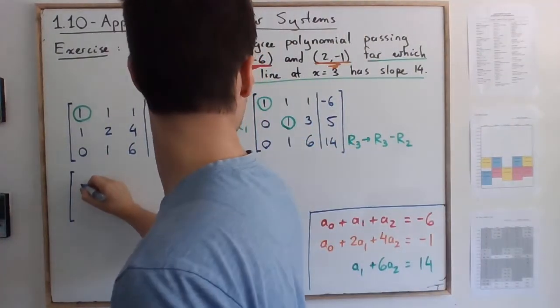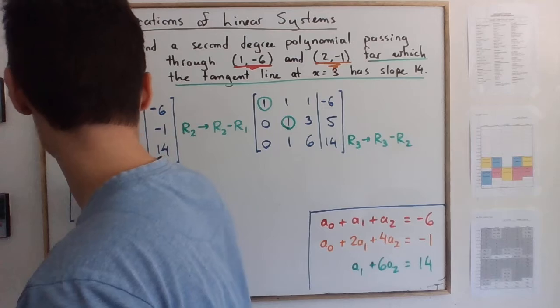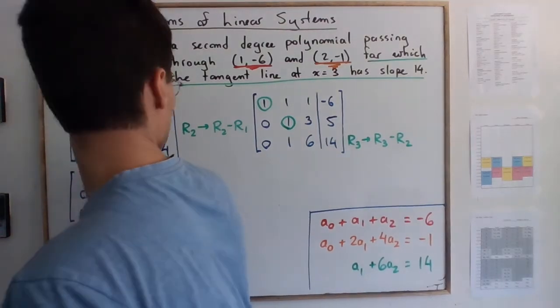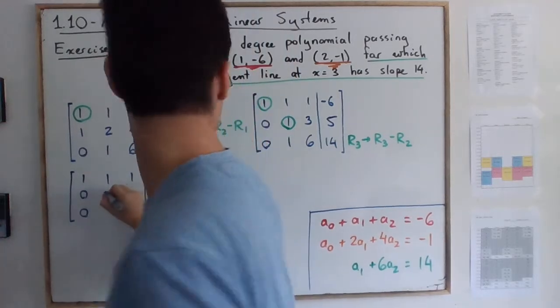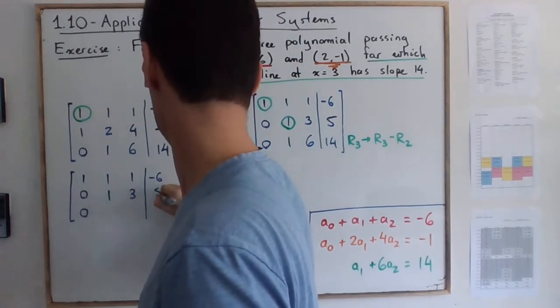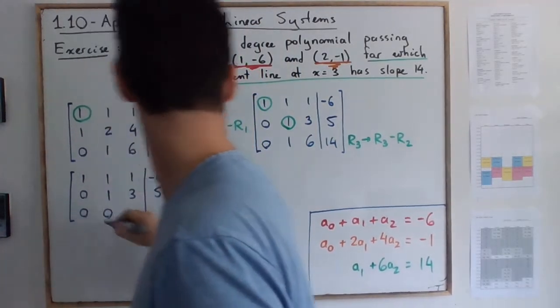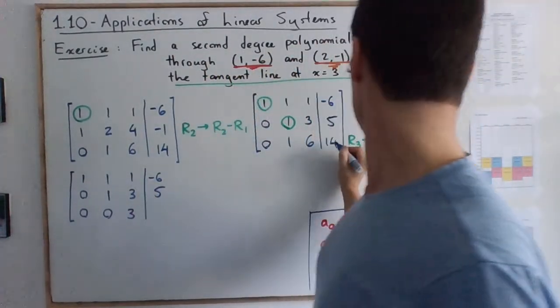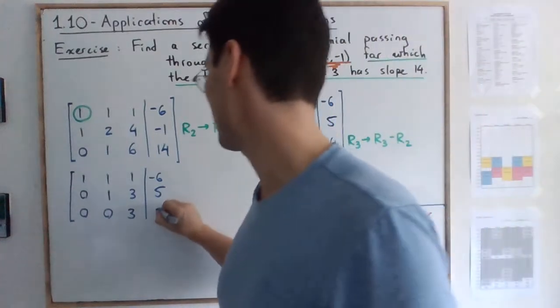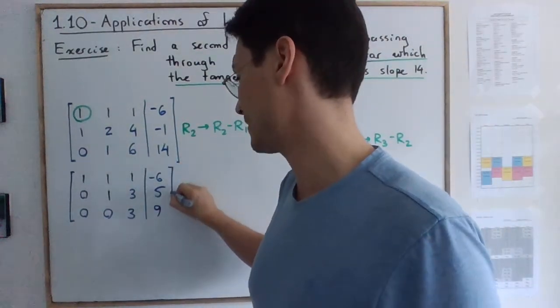So 1 minus 1, 0, 6 minus 3, 3, and 14 minus 5 will give us 9. All right, perfect.